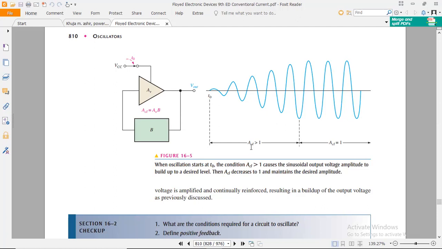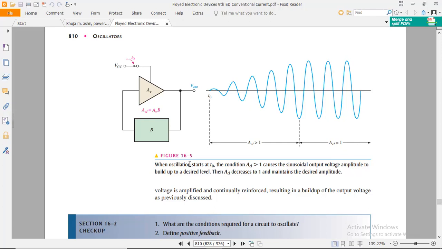If you understand at this level, you can see that the closed loop voltage gain is greater than 1, and after some stable time, the closed loop voltage gain magnitude would be 1.